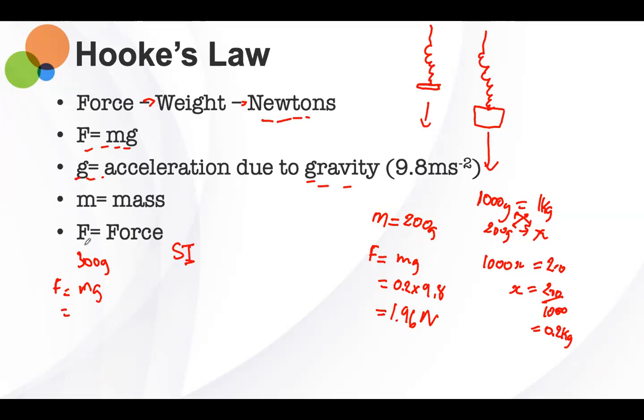So what is this converted from grams? We have 300 grams. How do we move this to kilograms now? How do we move this to kilograms from 300? So 1,000 grams equals how many kilograms?